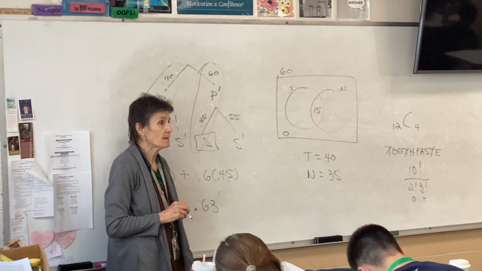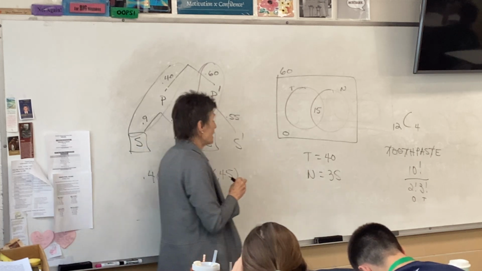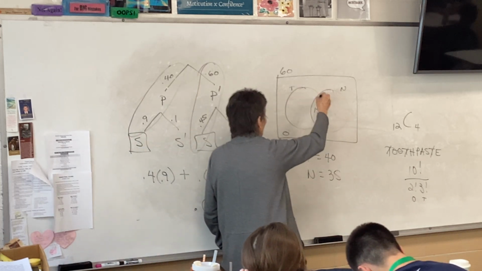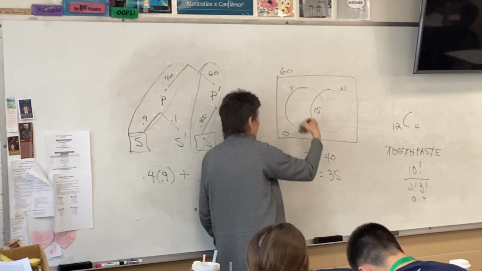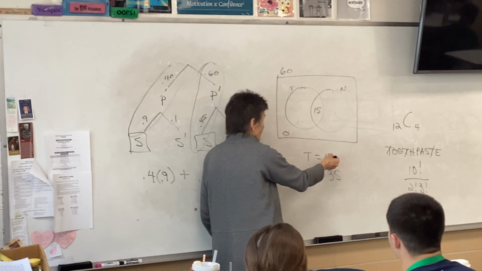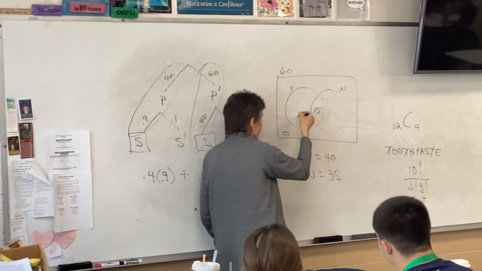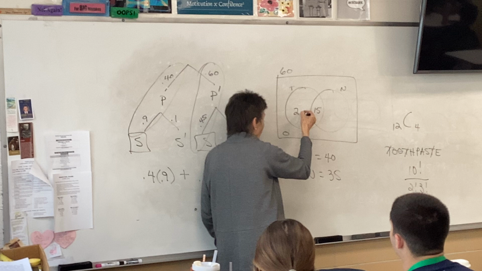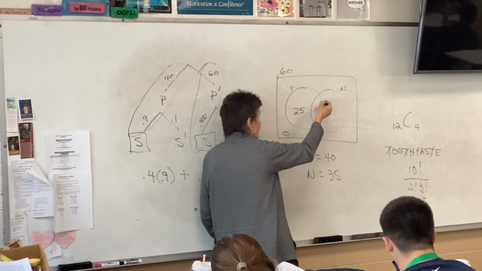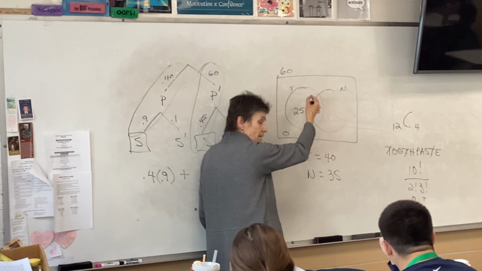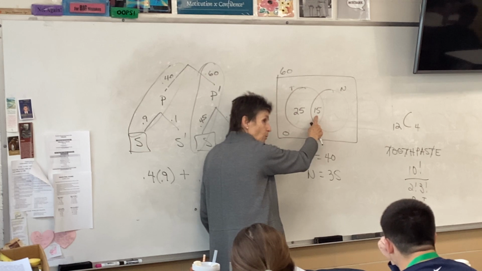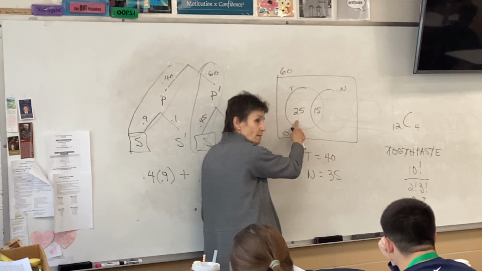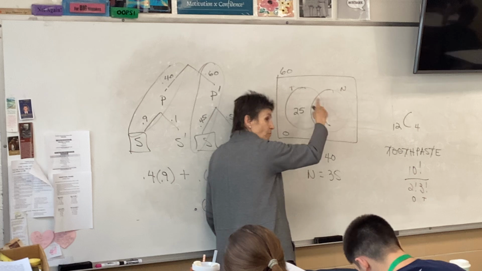Everybody see where the 15 came from? Now, this whole circle is 40. What does that make just this part right here? 25? Guys, if the whole circle is 40 and 15 of them are already there, doesn't that leave 25 to be here?